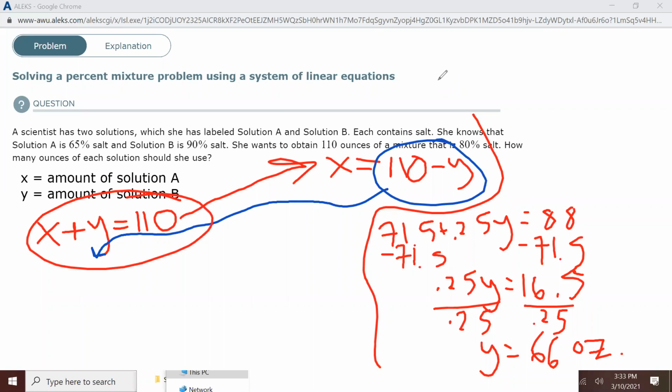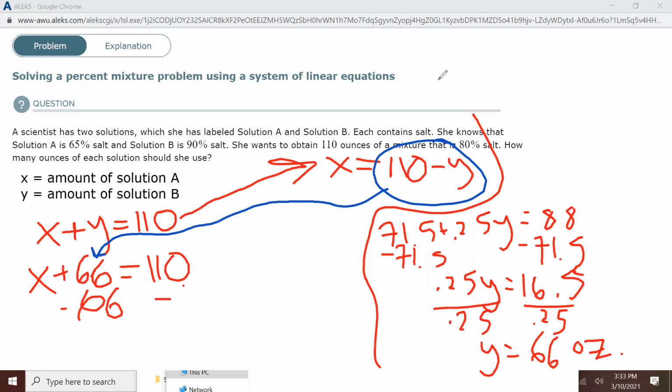Using this equation, I can replace y with 66 and solve for x. And x is 44 ounces.